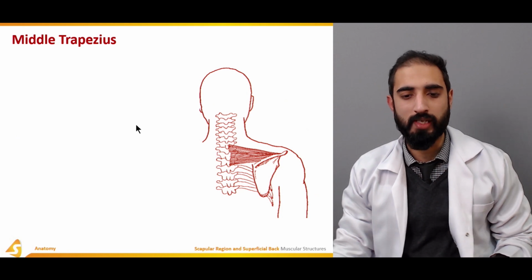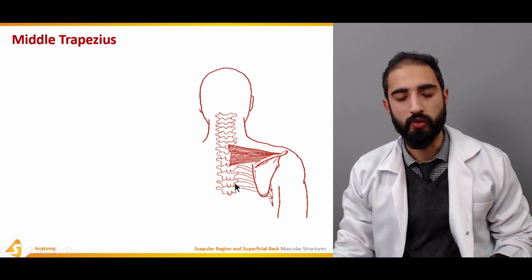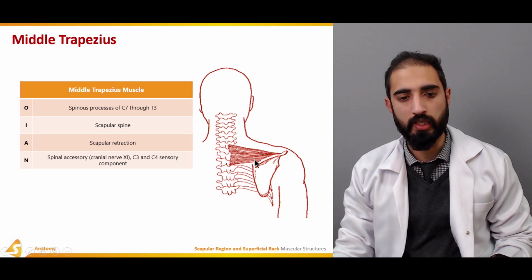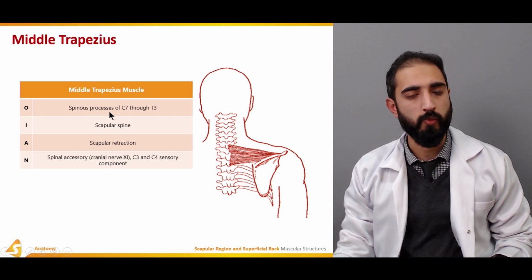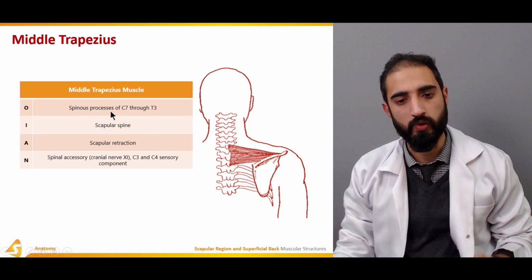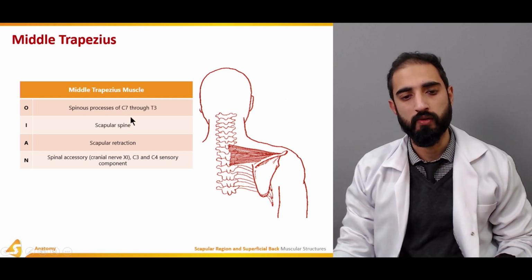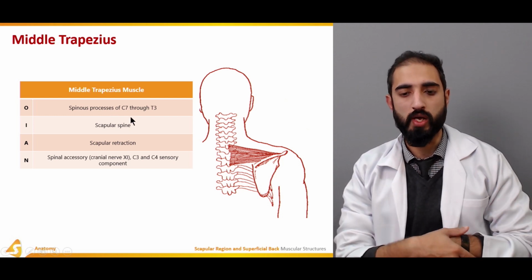Talking about the middle trapezius, it's in the center between the upper and the lower parts of the trapezius, and the origin is from the spinous process of C7, or the 7th cervical vertebra, up to the spinous process of the 3rd thoracic vertebra.